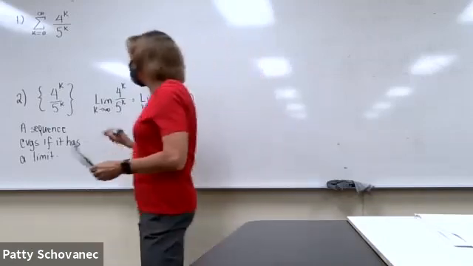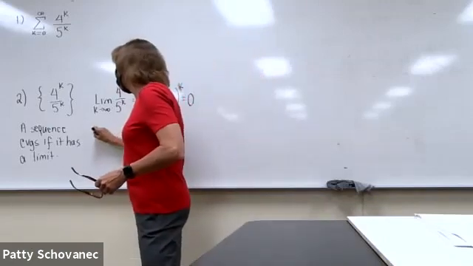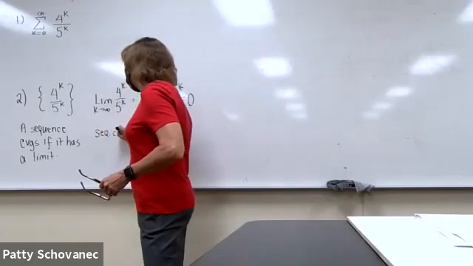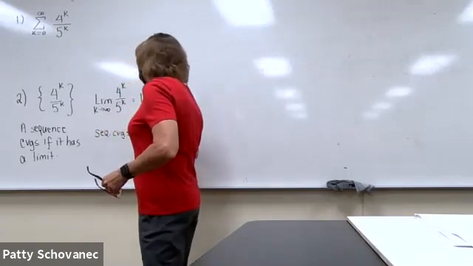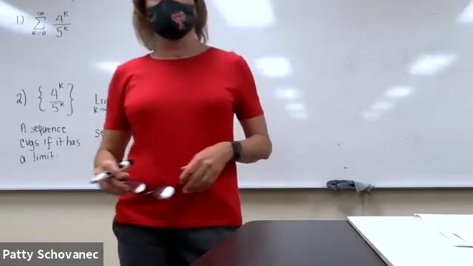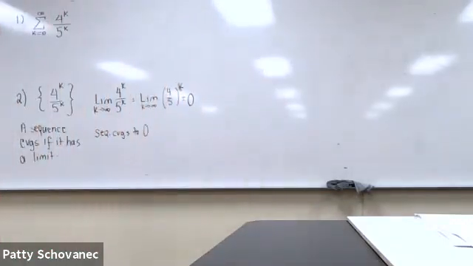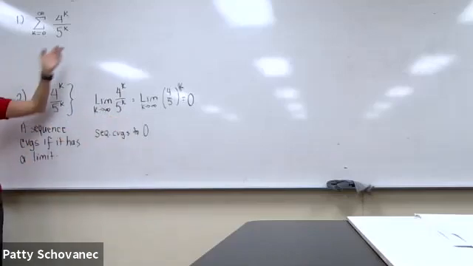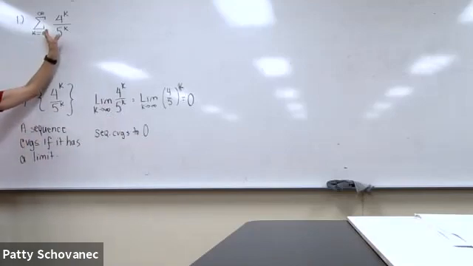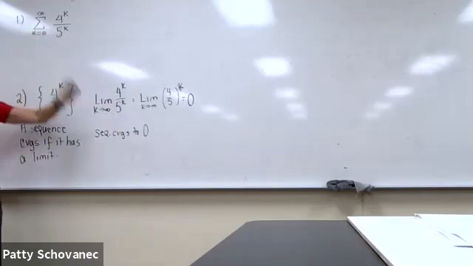So the sequence converges to 0. That gives us the go-ahead to check if the series converges. Because if my sequence, say, converged to 5, then I would say that this diverges by the test for divergence. But having a limit of 0 means to go on.